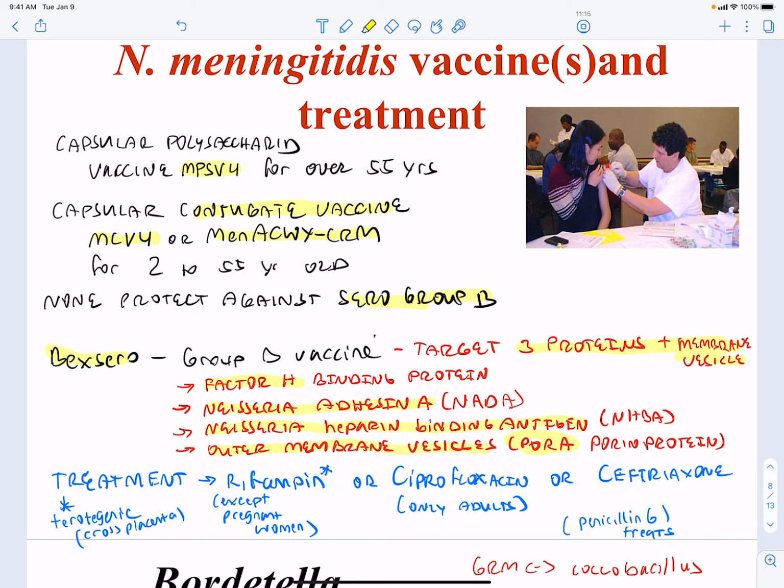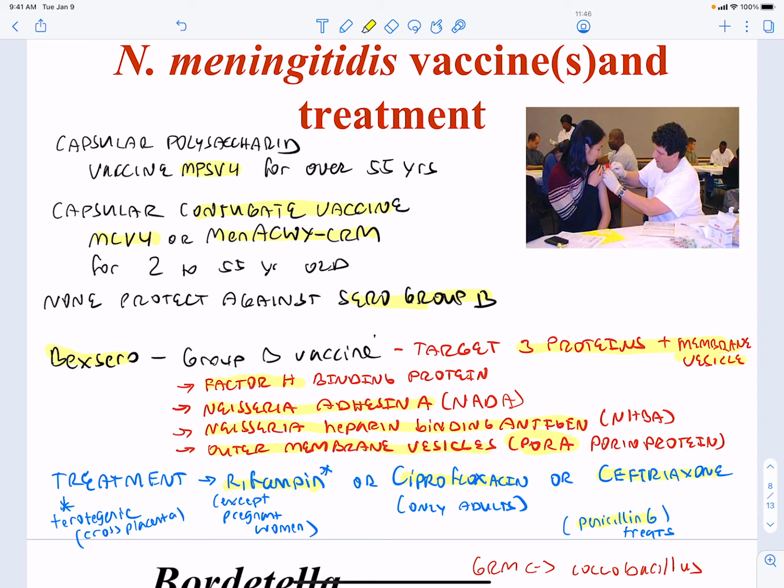Now you can treat meningitis. It is susceptible to penicillin G, and so you can give that for a treatment. You also have the ability to do chemoprophylaxis treatment, if you would, and those are rifampin, ciprofloxacin, and ceftriaxone.